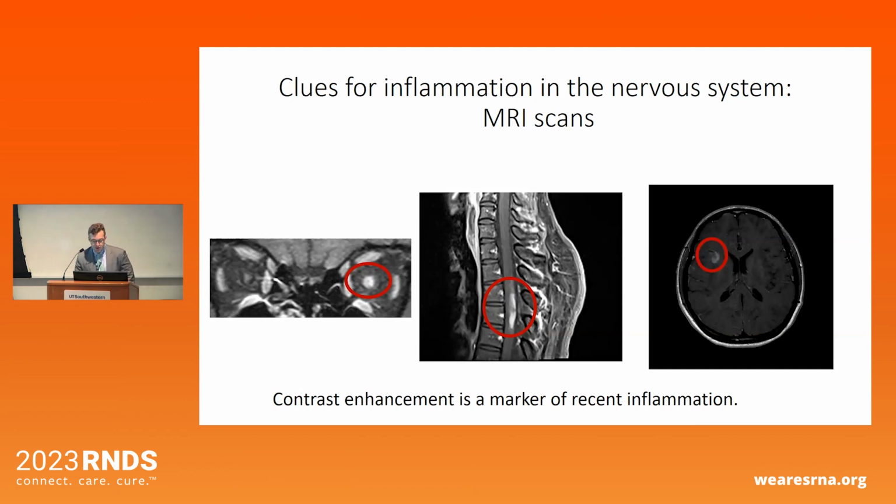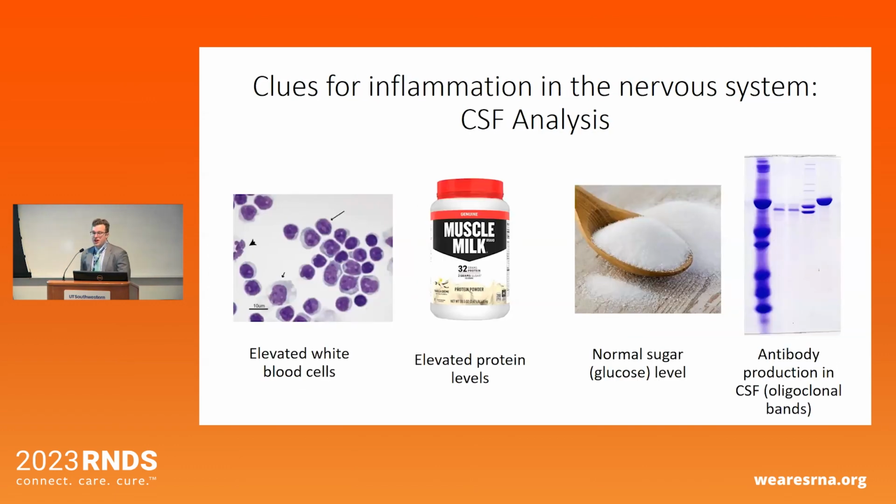And then the last tool that we often use when we're trying to confirm inflammation is the spinal fluid, the dreaded spinal tap. And these are the clues that we look for: elevated white blood cells and elevated protein levels, though those can be seen for a lot of reasons. Glucose, we actually look at the sugar levels, and we expect those to be normal in most cases. And we actually have this test that often is associated with multiple sclerosis, but can be useful for a variety of conditions.